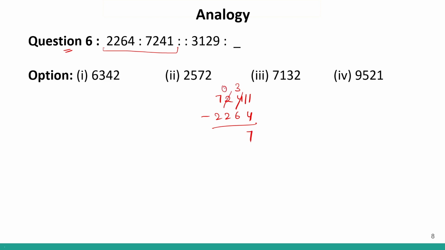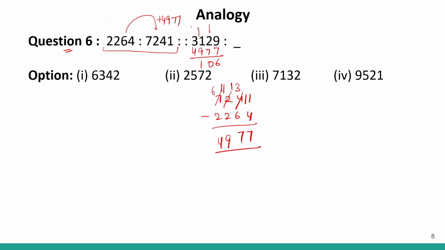This will be 0, sorry, this will be 1, this will be 13, this will be how much? This will be 7. And over here this will be 6, this will be 11, this will be 9 and this will be 4. So basically we are adding 4, 9, 7, 7. So if I add 4, 9, 7, 7 over here, I will get 6, 1 will be carried, 8 plus 2, 10, 1 will be carried.